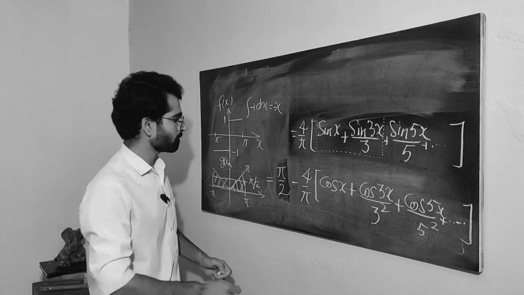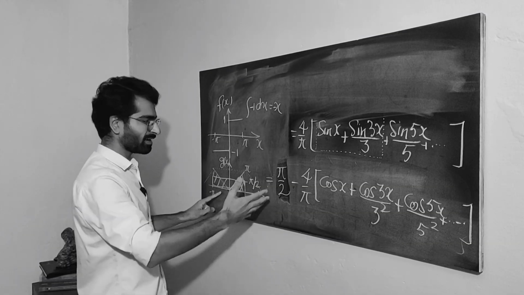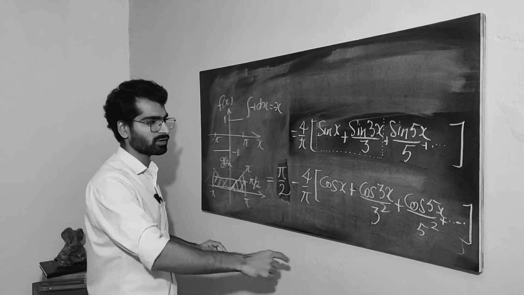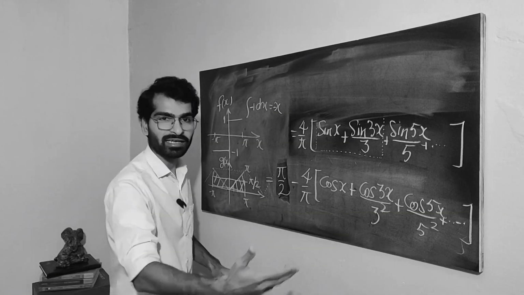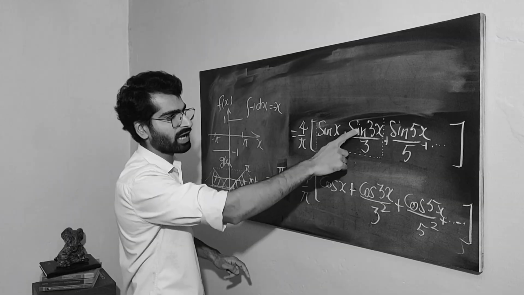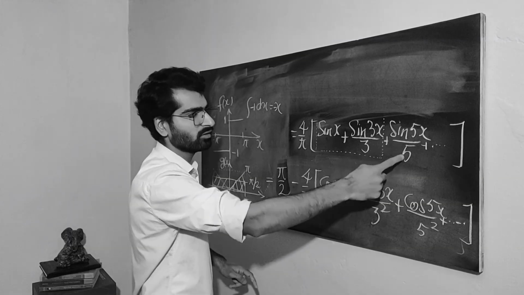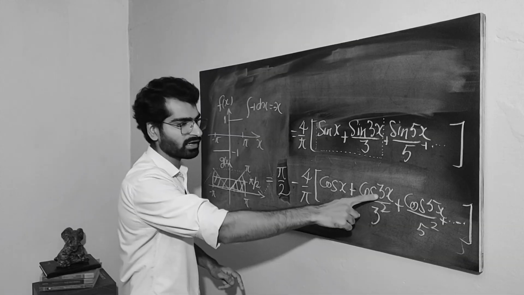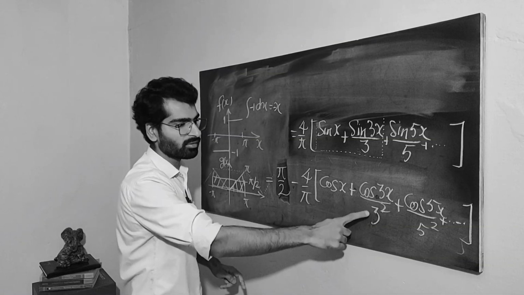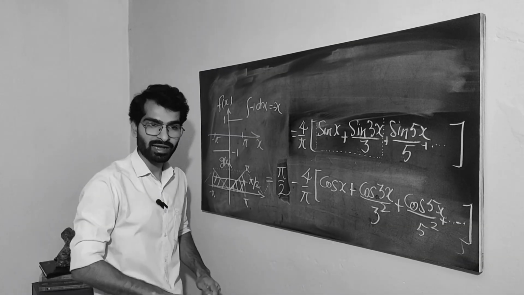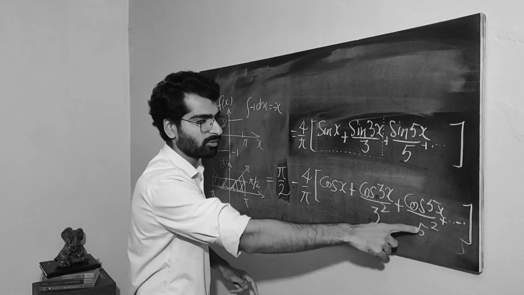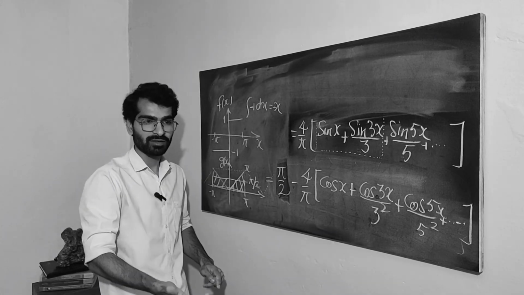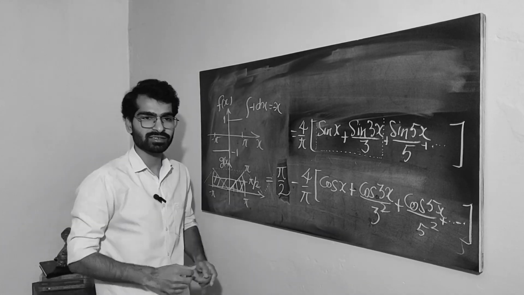And notice our triangular kind of function, this periodic function, is decaying faster. Look here, we have the amplitudes 1/3, 1/5 for the third harmonic and fifth harmonic, but right here for the third harmonic the amplitude is 1/9, and for the fifth harmonic it's 1/25, right? So it's decaying faster.